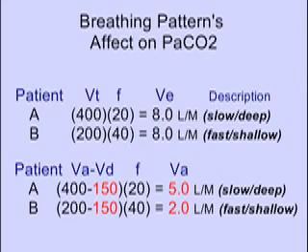So you can see that it's really alveolar ventilation that's important. And if you evaluate the alveolar ventilation, you see that patient A has a much higher alveolar ventilation and is adequately ventilating and has a normal CO2, whereas patient B is hypoventilating and has an elevated CO2.